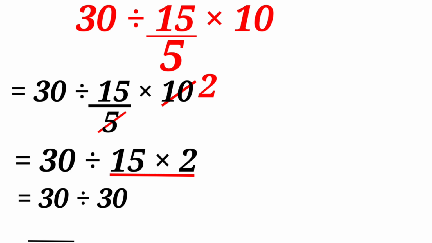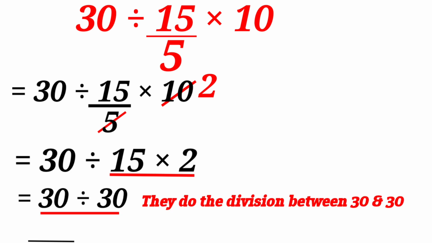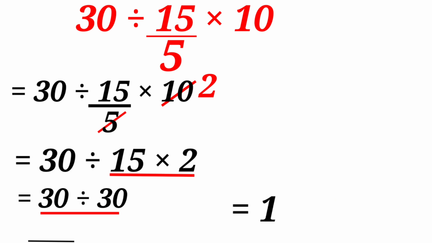Is equal to 30 divided by 30. They do the division between 30 and 30. Is equal to 1. 1 is the wrong answer.